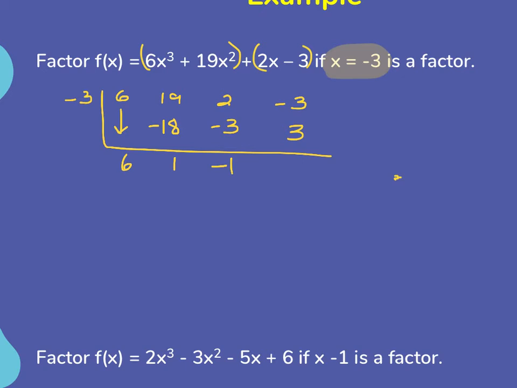If you don't get a 0 right there, then either you did something wrong or I have a typo, which, let's face it, sometimes happens, okay? But there should be a 0 there. Now, this 0 is my remainder. I don't need it. I need this. So this is 6x squared plus x minus 1.